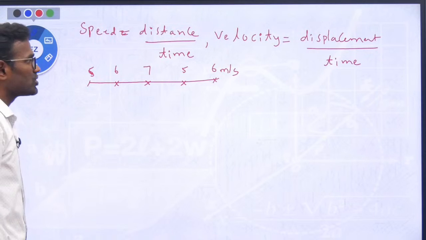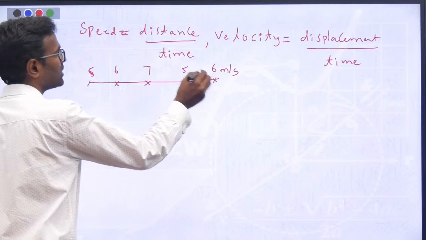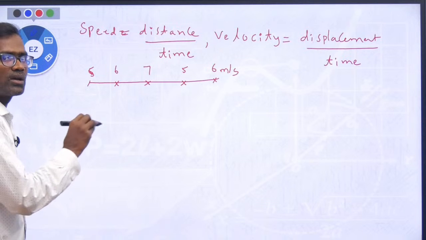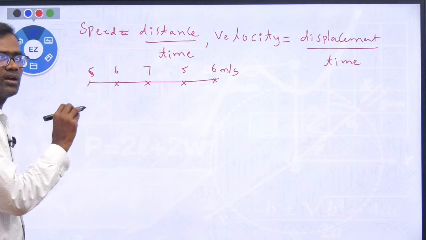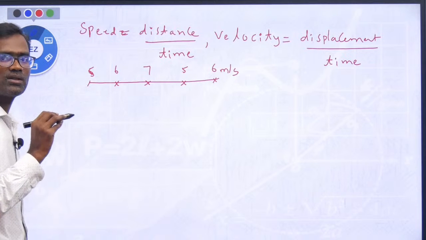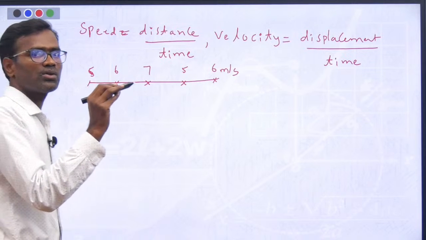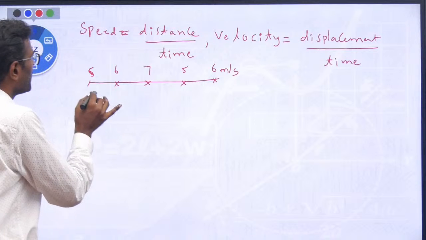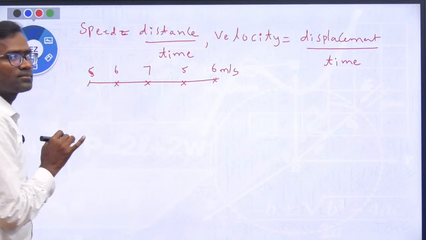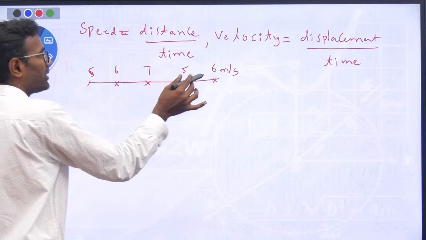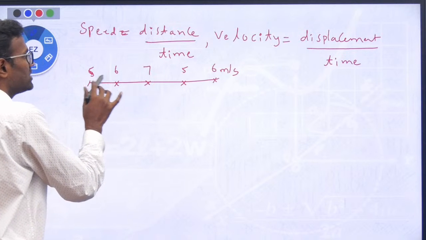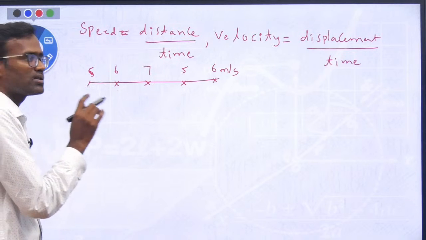In this non-uniform motion, when it is moving in a straight line in one direction, average speed is equal to average velocity. So can I take 6, 5, 7, 6 for finding the average velocity? Which one should I take?